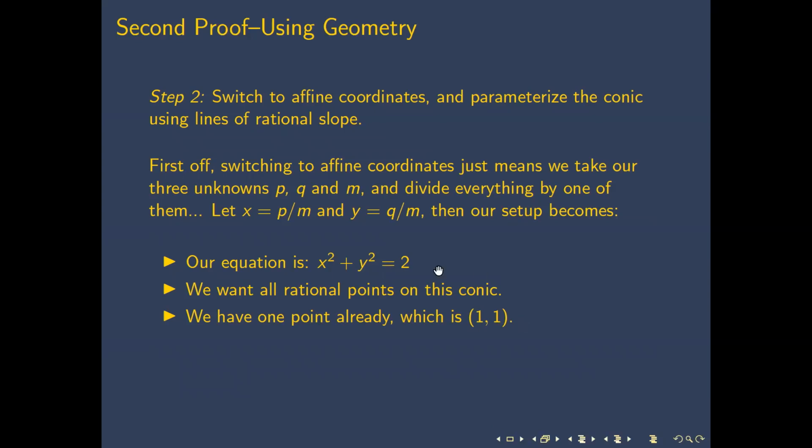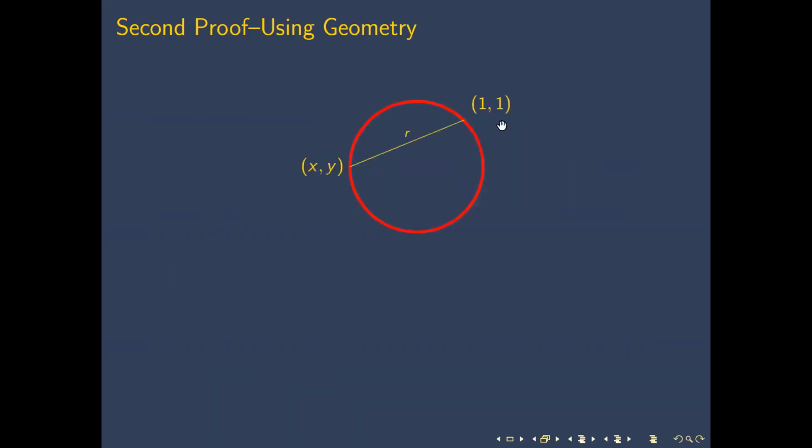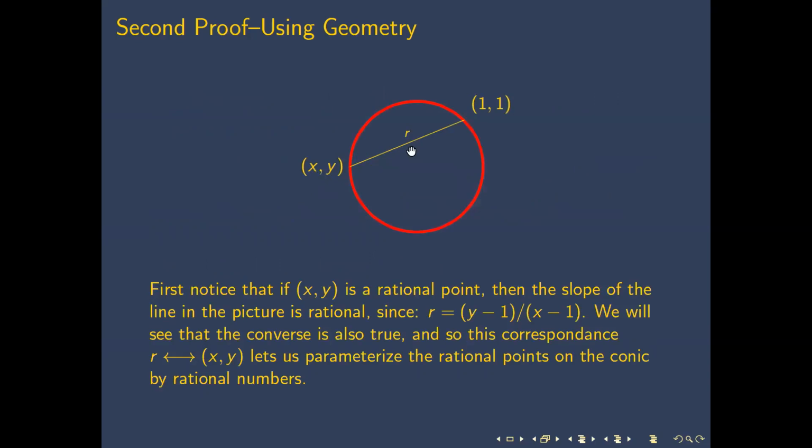So now that we've switched to this rational equivalent, we're going to graph it. So here's 1, 1 that we know. We're looking for these other rational points. The first thing we realize is if x, y is a rational point, then if I draw the line connecting it to 1, 1, the slope has to be rational, because it's just y minus 1 over x minus 1.